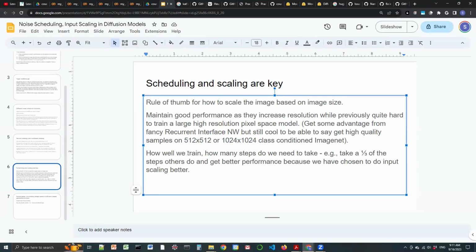And then he also talked about how well we train, how many steps we take in inference, and can we take, for example, one third of the steps that others do? And if you recall, this was something that towards the end of last lecture we played with, where he takes fewer steps in the beginning as we denoise.